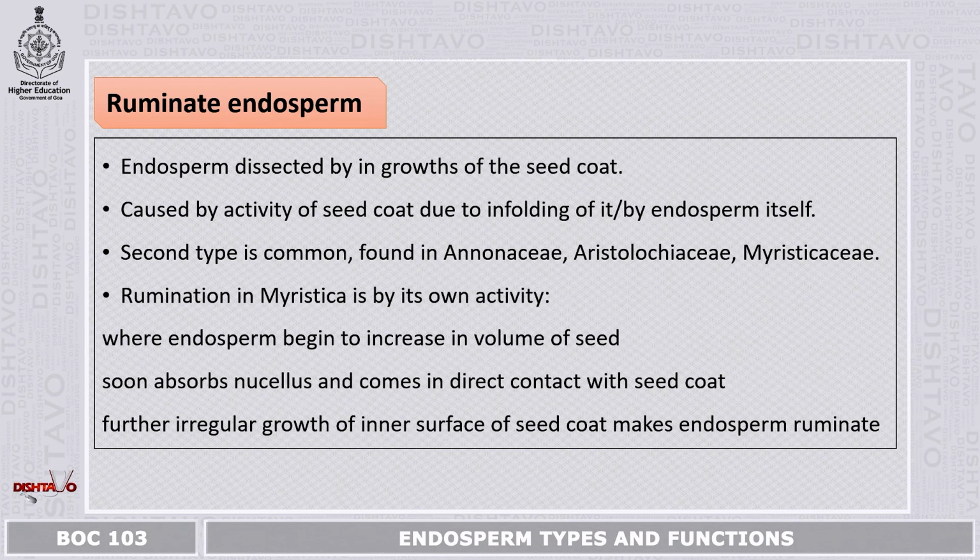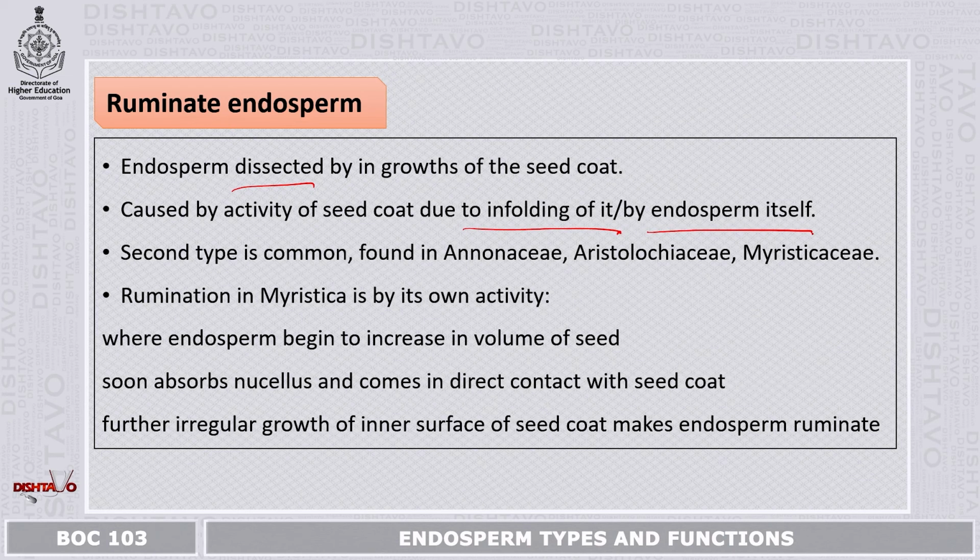Ruminate endosperm. Now this is not a separate category because there are only three types of endosperm, that we have already seen before. Now here, ruminate means an endosperm which is dissected by the ingrowths of the seed coat. Whatever abnormalities are caused because of the seed coat, it gives rise to a different tissue apart from endosperm. That is because of the ingrowths caused by the seed coat. Now it is caused by the activity of the seed coat due to the infoldings of the seed coat, or it may be by the endosperm itself.